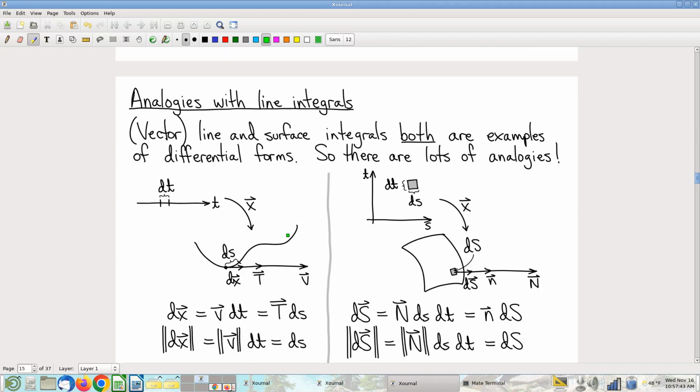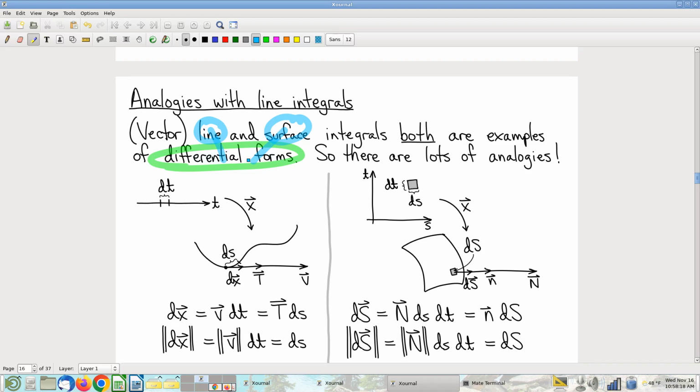Okay, so now I'm going to bring up differential forms again, not because we're going to study them, but I'm going to make a cultural note, and I think this kind of thing is healthy to know. Because differential forms are a thing, and ultimately very natural, it's useful to know that line integrals and surface integrals are both actually examples of those things.